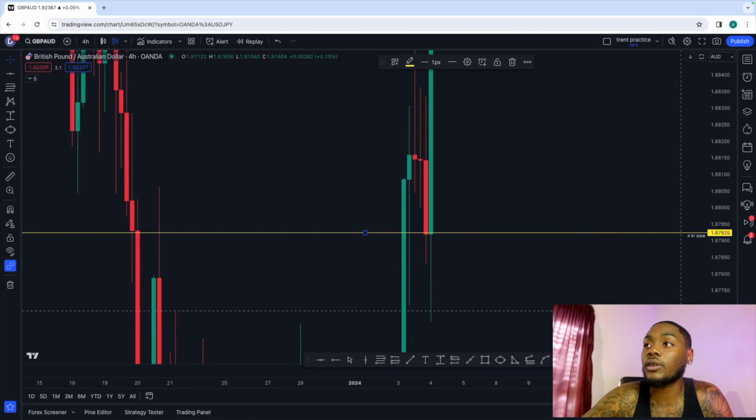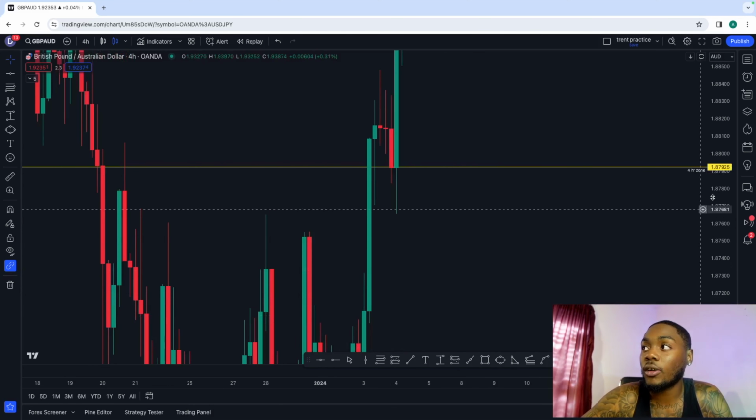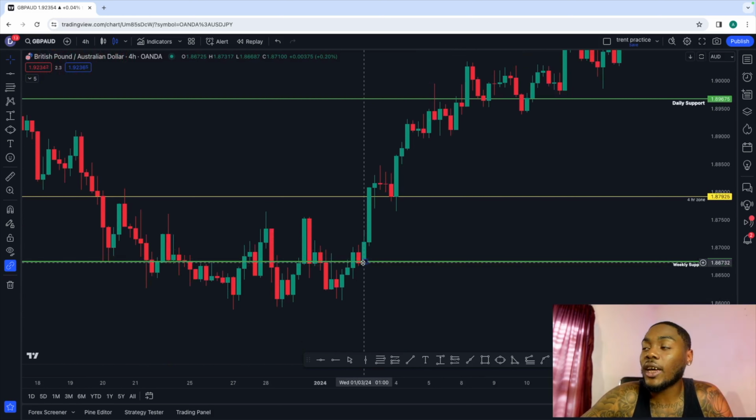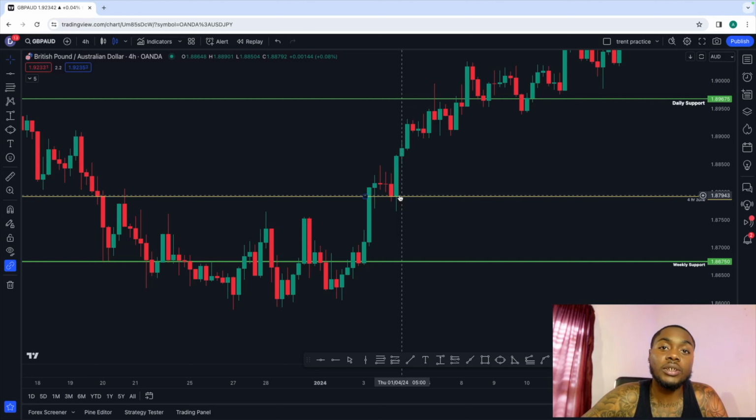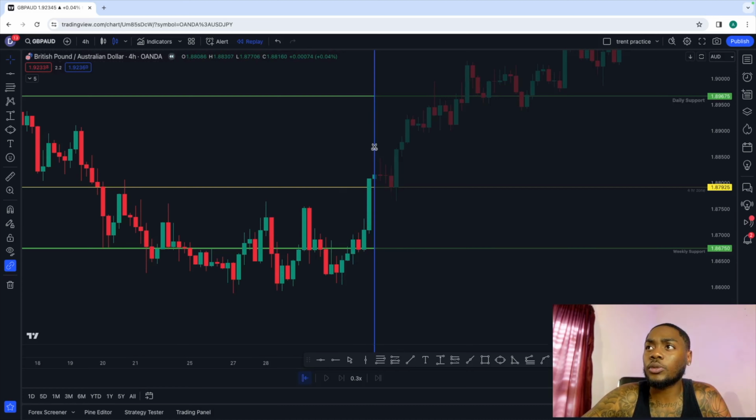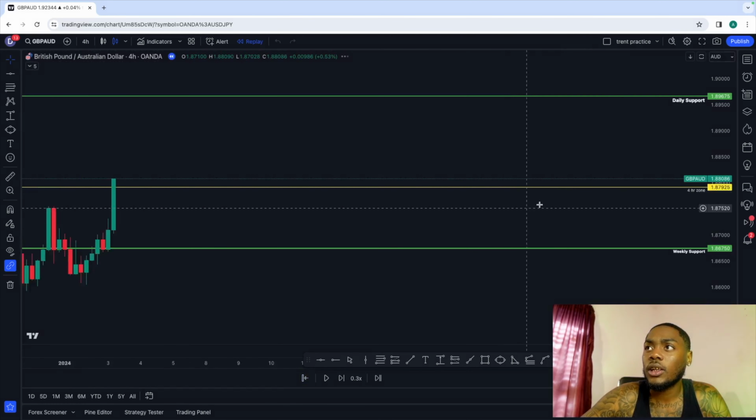So if I'm currently in a trade, let's just say I bought down here, right? Once price reaches this yellow area, it's letting me know two things. I need to either take some profit here, or I can potentially add another entry here to continue in the trend. So hypothetically speaking, let's pull the replay button out.